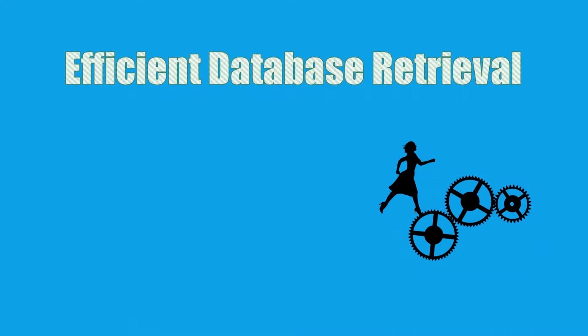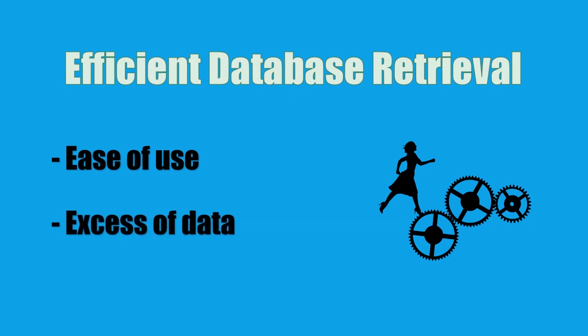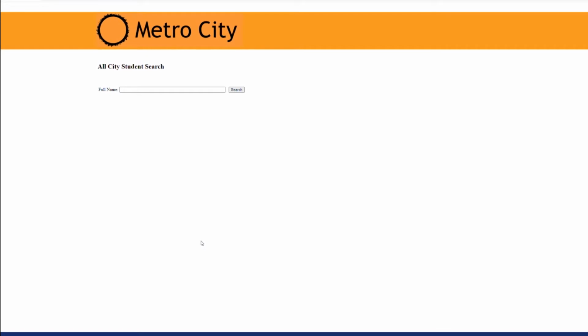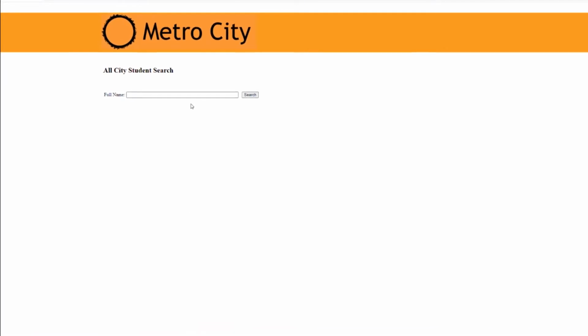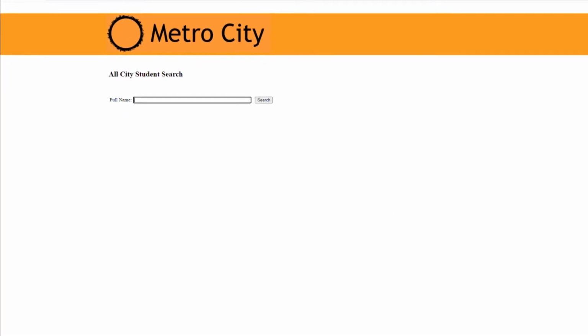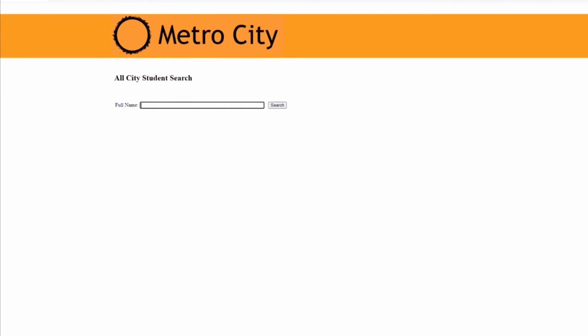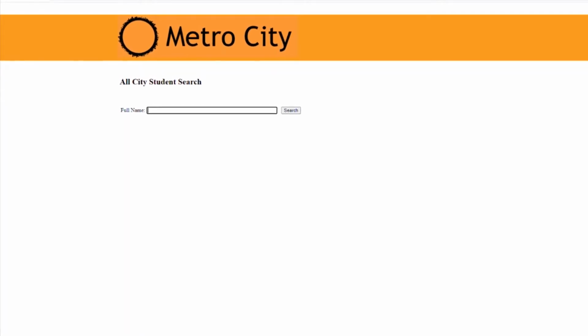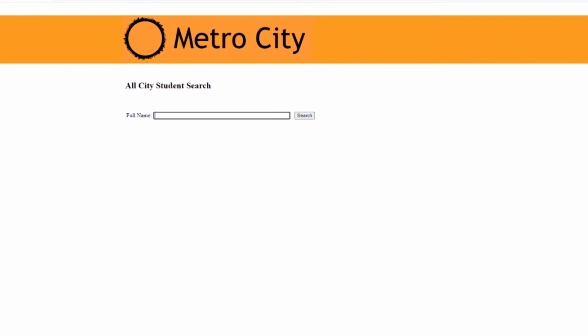With regards to the challenge of efficient retrieval, the two central problems are ease of use and excess of data. Imagine, for instance, a database containing the records of all the students in a large city. Also imagine that the only unique identifier of these students in the database is their full name.